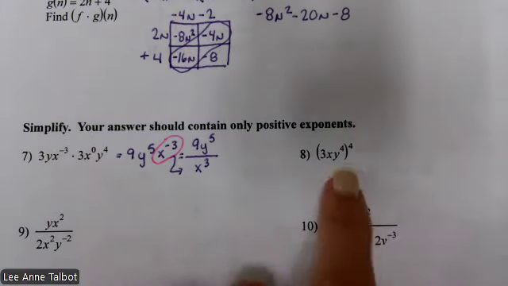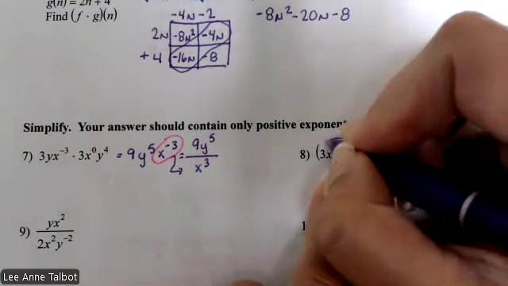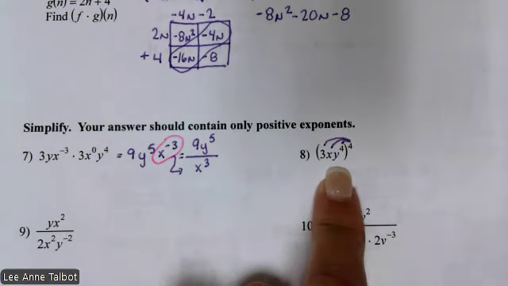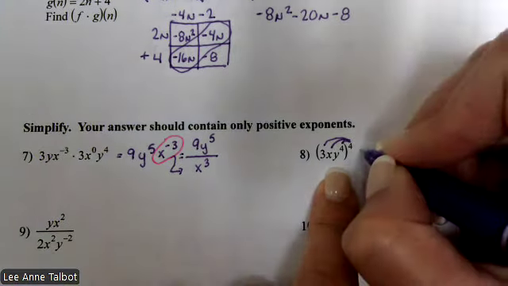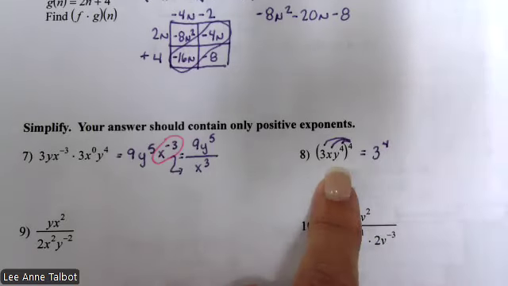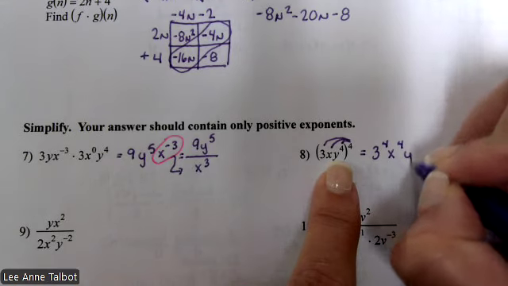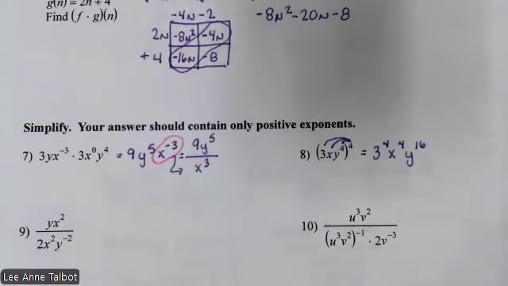Number 8. Number 8 is a power problem, which means that this 4 exponent gets distributed, which is not the right word for that, but it makes sense to everybody. So this is 3 to the 4th, x to the 4th, y to the 16th.